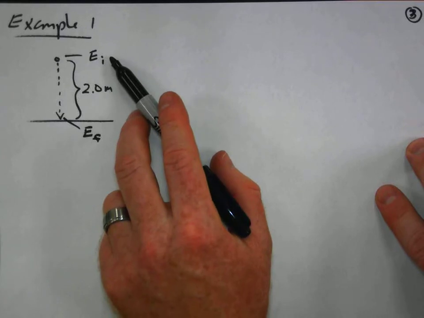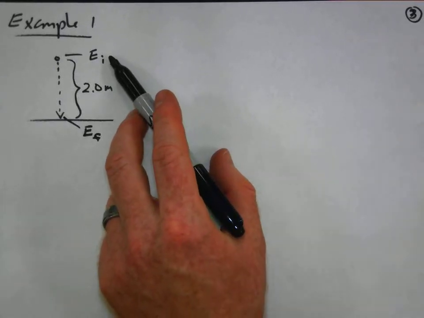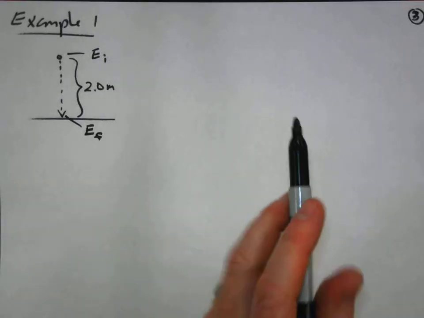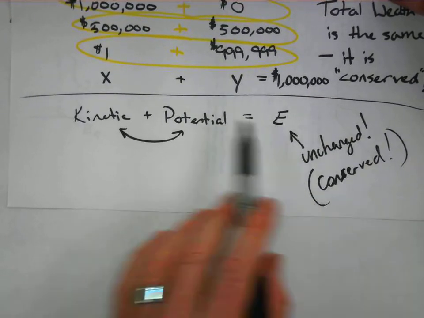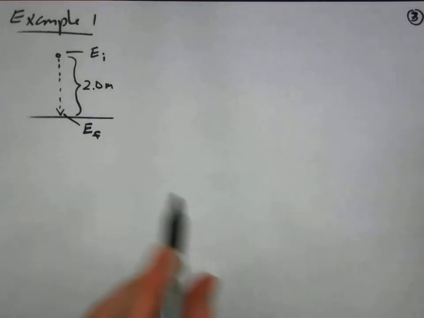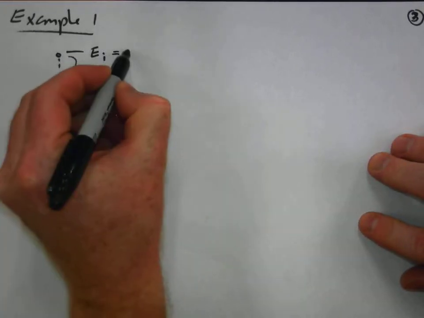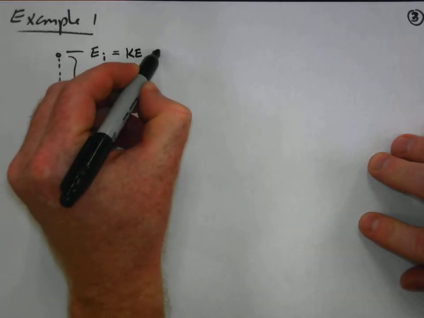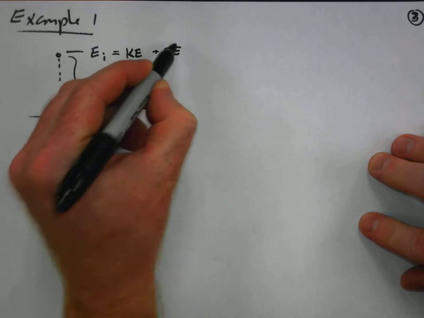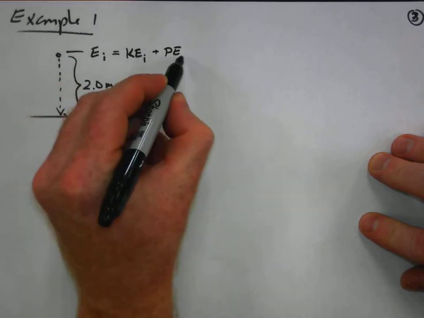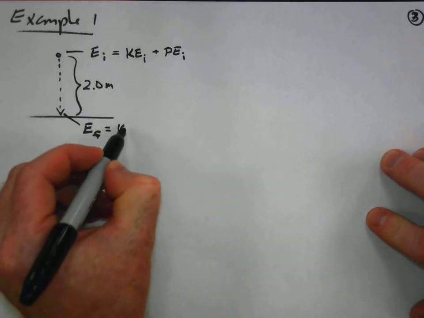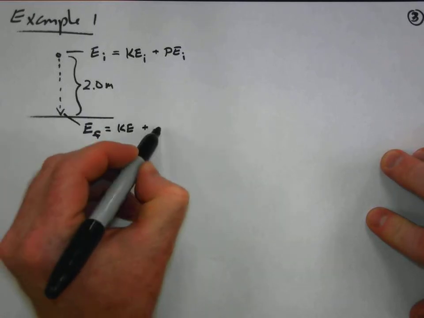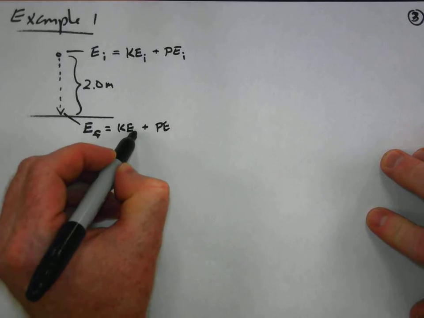Each one of those mechanical energies is made up of kinetic plus potential. So this guy is made up of a kinetic energy plus a potential energy, but those are initial values of each one. This guy is made up of a kinetic energy and a potential energy, and those are final values of each one.